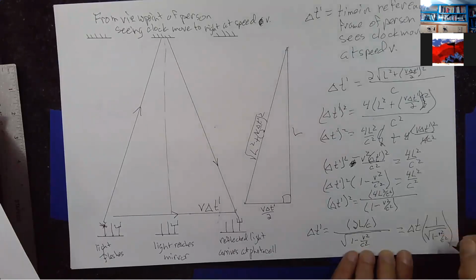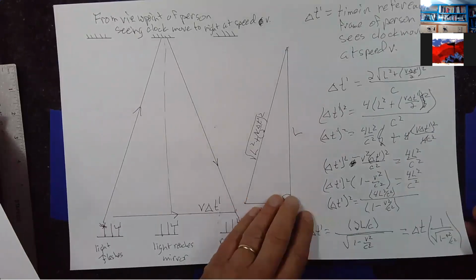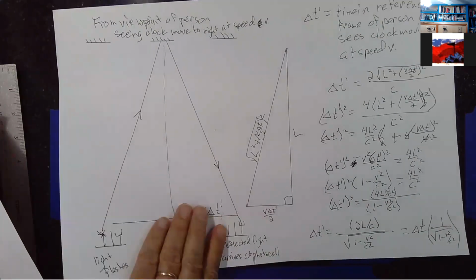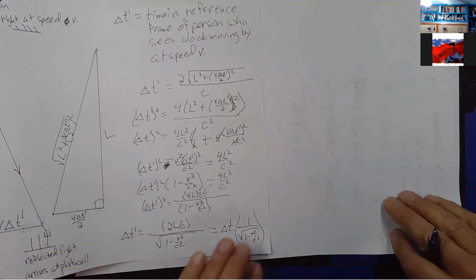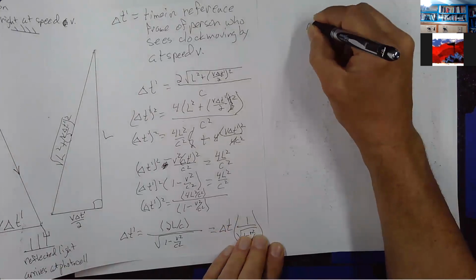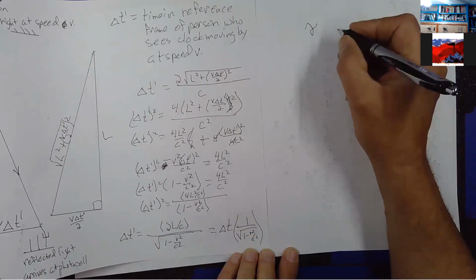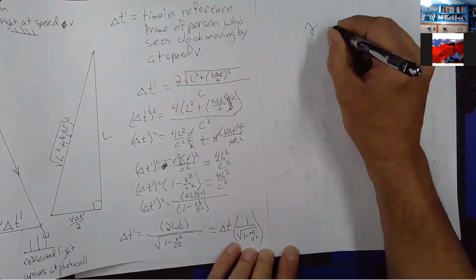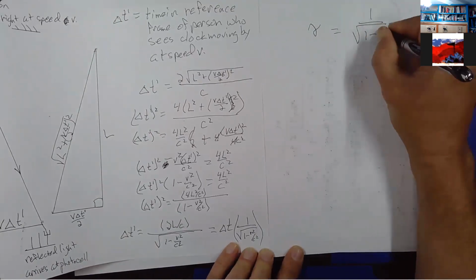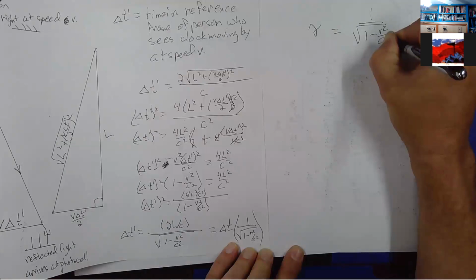This combination shows up again and again in special relativity, and we actually give it its own little letter. It's the Greek letter gamma, and we'll see it a whole lot. It's going to equal 1 over the square root of 1 minus v squared over c squared.